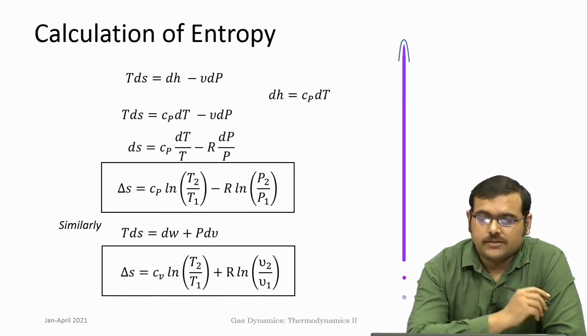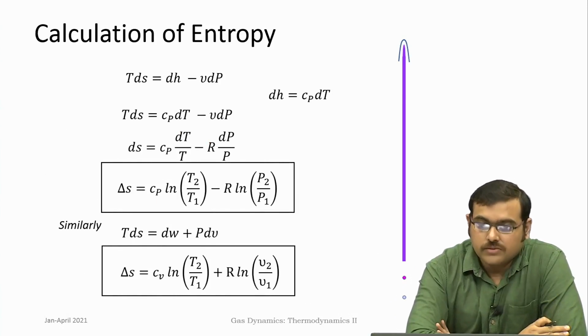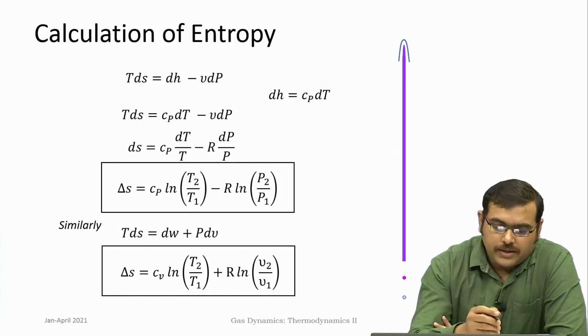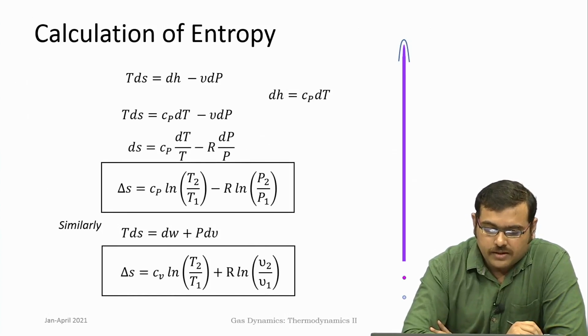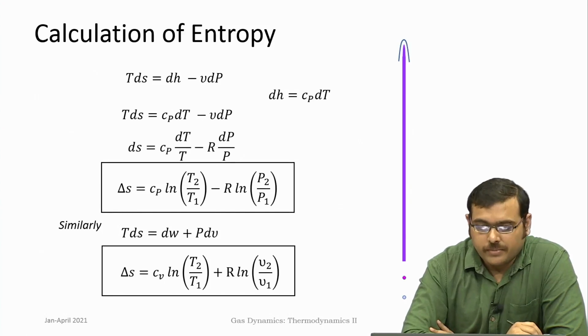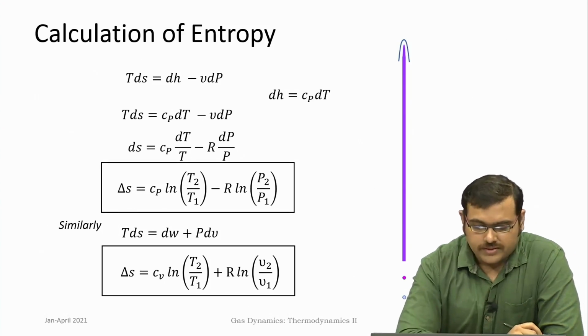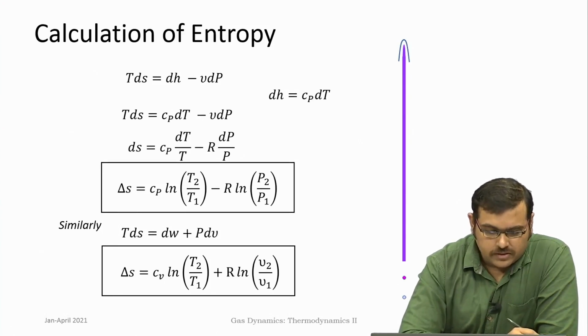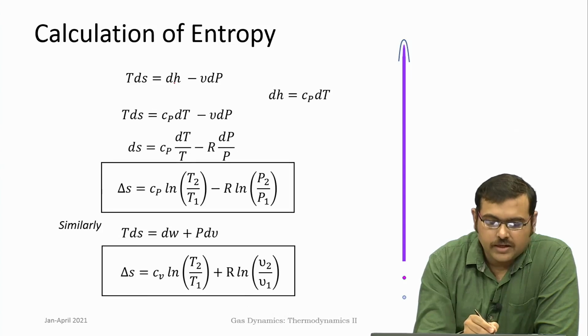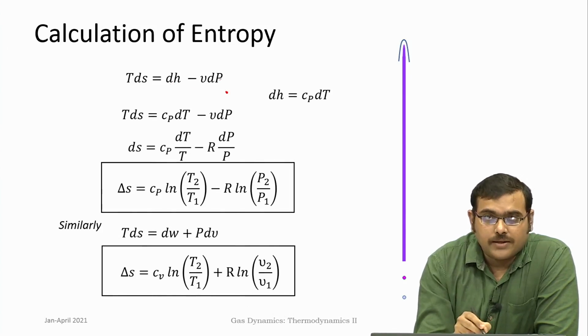Now that we have understood the definitions of Cp and Cv and also looked at the second law and the equations to calculate entropy, we can come up with a few formulae to calculate the entropy as the gas undergoes certain processes. Consider the equation TdS equal to dH minus V dP.